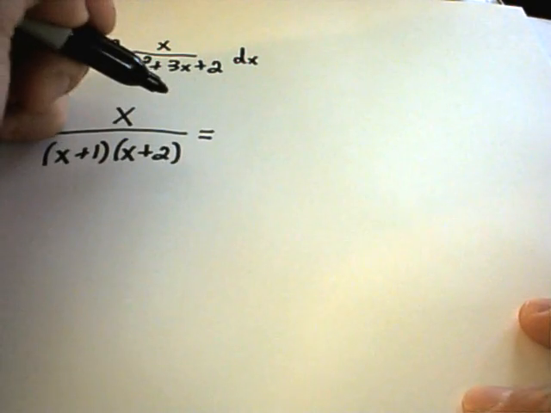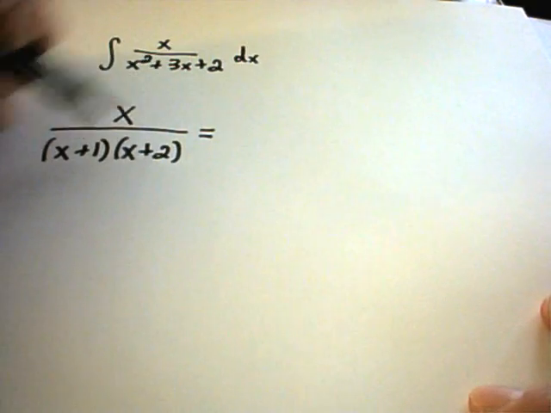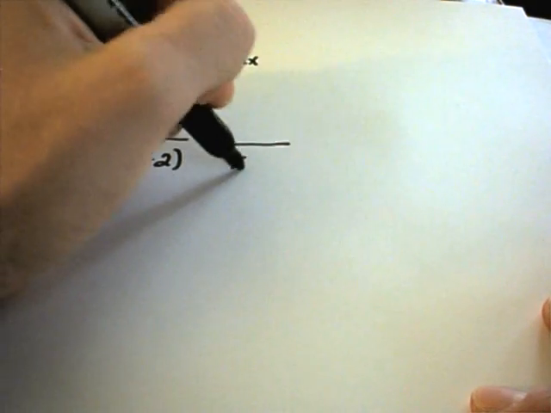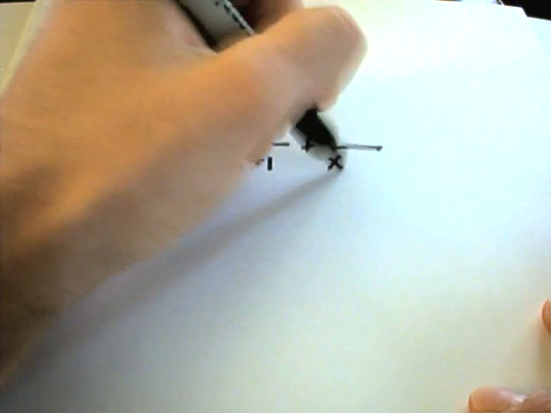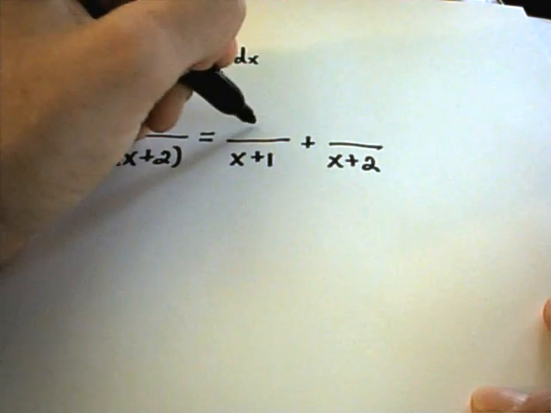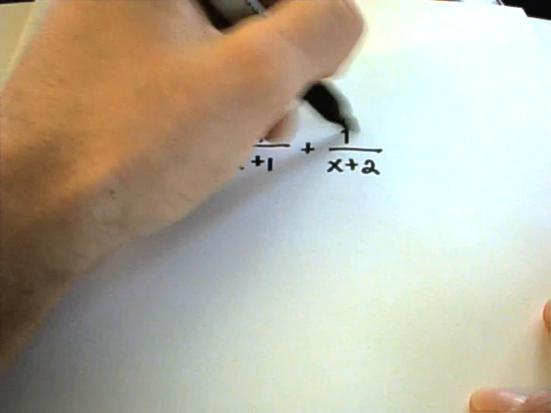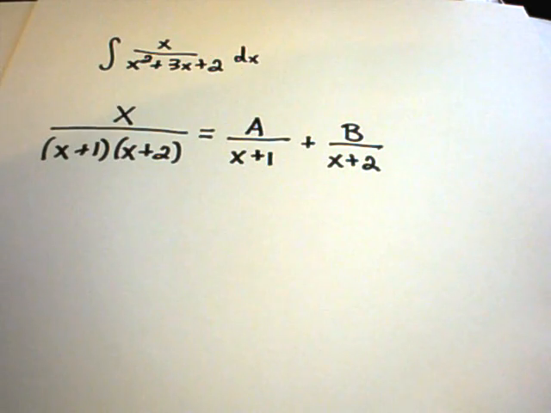So using what we talked about from the last video, each linear factor gets its own fraction, and then again we put just generic numbers a and b on top, and we're going to have to figure out what a and b are equal to. So in this case, what you do is you basically now get rid of the denominators.